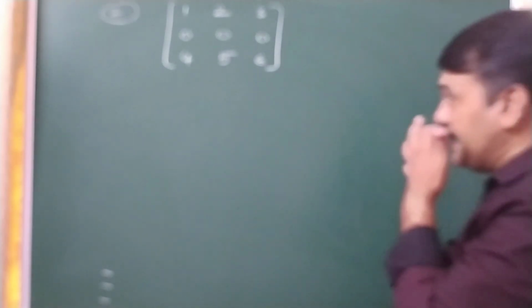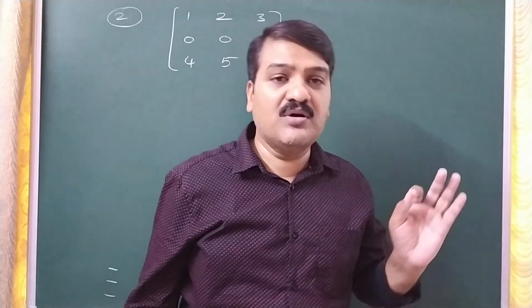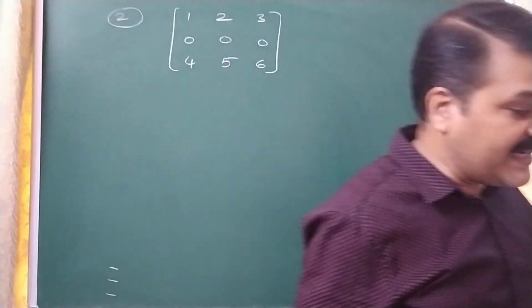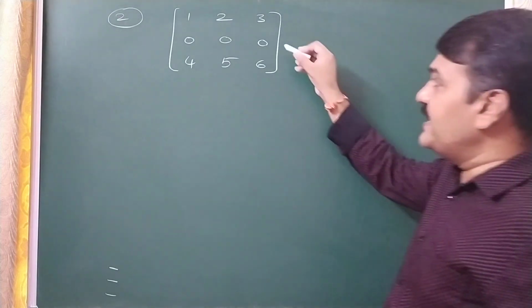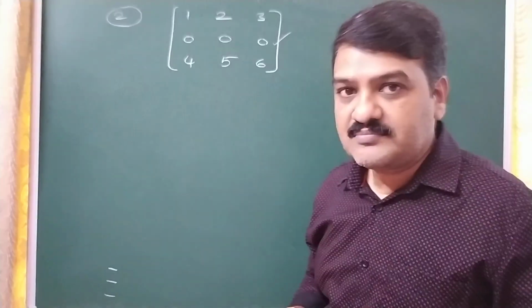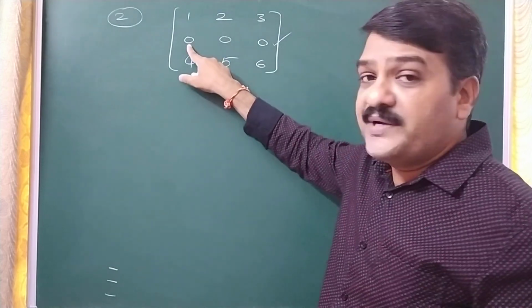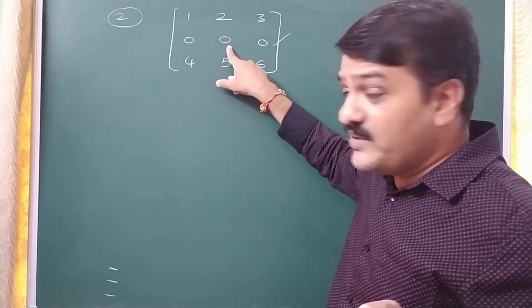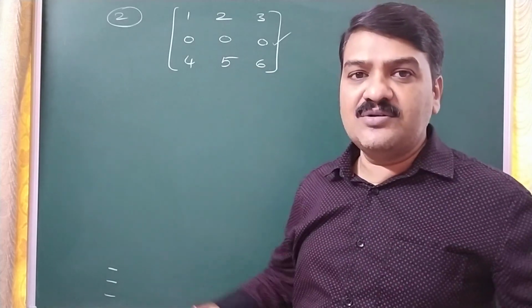Because you know clearly that we can find the determinant by using any row or column. To find the determinant, if I use the second row, for example, the determinant is 0 into its cofactor plus 0 into its cofactor plus 0 into its cofactor. That is completely 0 only.